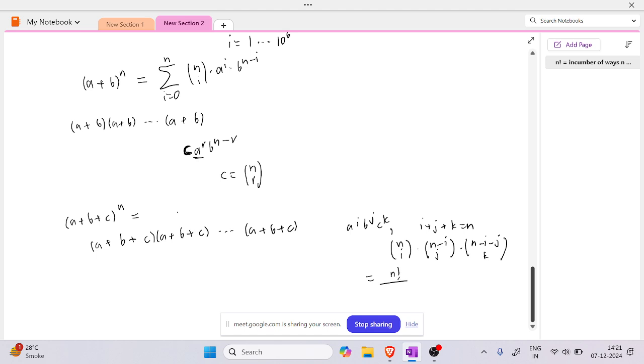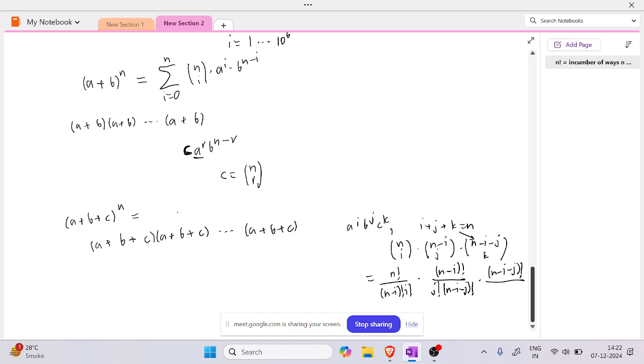n factorial by n minus i factorial times i factorial, and this is n minus i factorial by j factorial times n minus i minus j factorial, and then n minus i minus j choose k, which is n minus i minus j factorial by k factorial times zero factorial. Basically, you don't even need to expand the last term because you know that it is going to be 1, because n minus i minus j is equal to k.